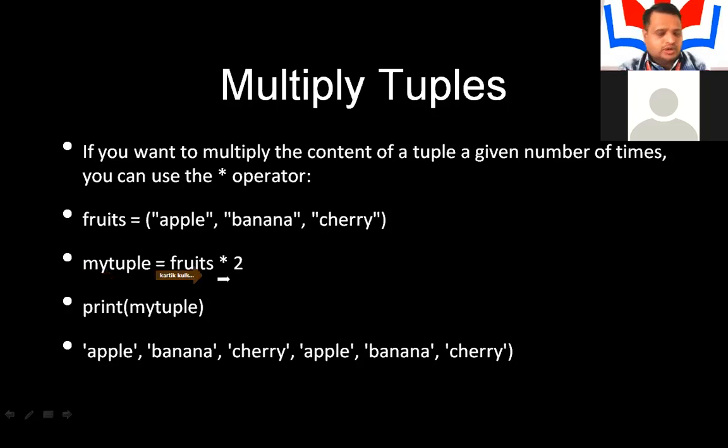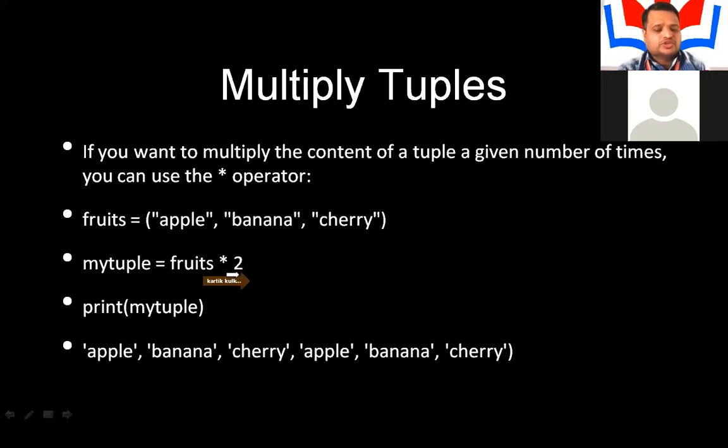The important thing to notice is that here I am going to specify the asterisk operator, which corresponds to multiplication, followed by a number. So the syntax for multiplying tuples is the tuple name, asterisk, and then how many times you want the tuple's elements to be repeated.